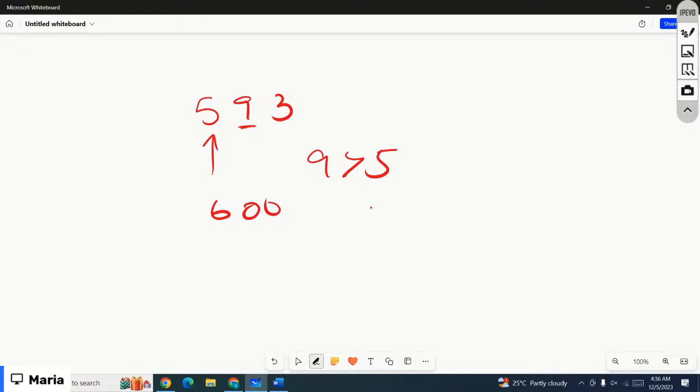You have to round up, add 1 to 5. 5 plus 1 is 6, and the correct option is 600.